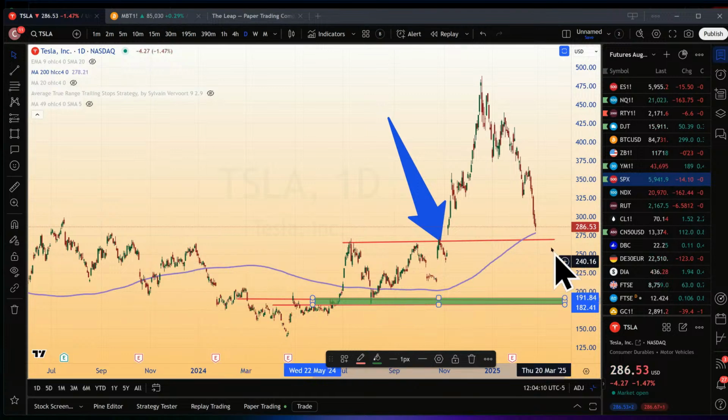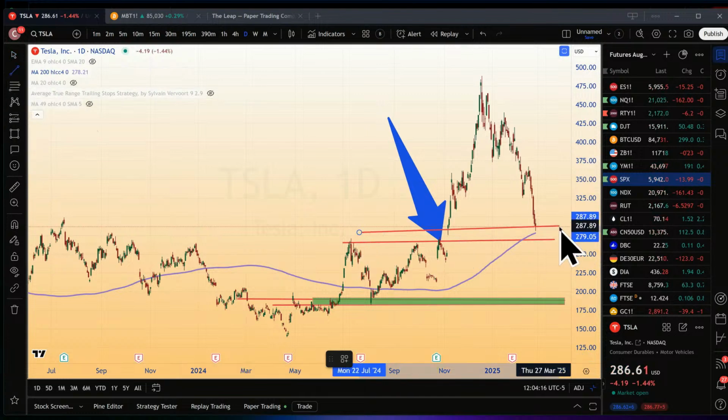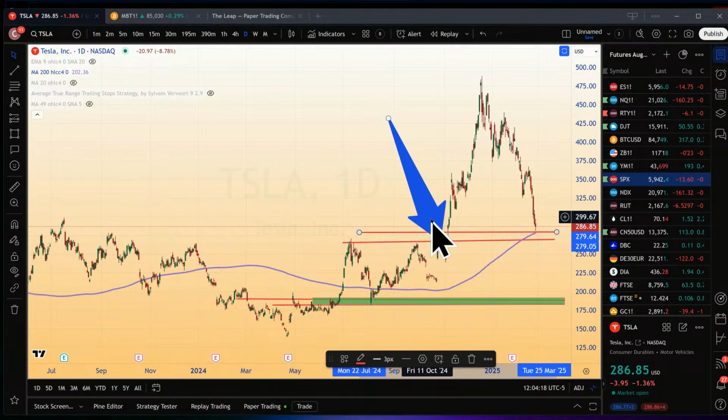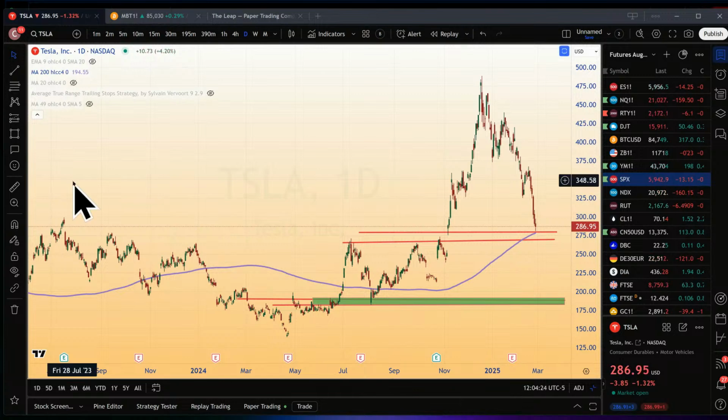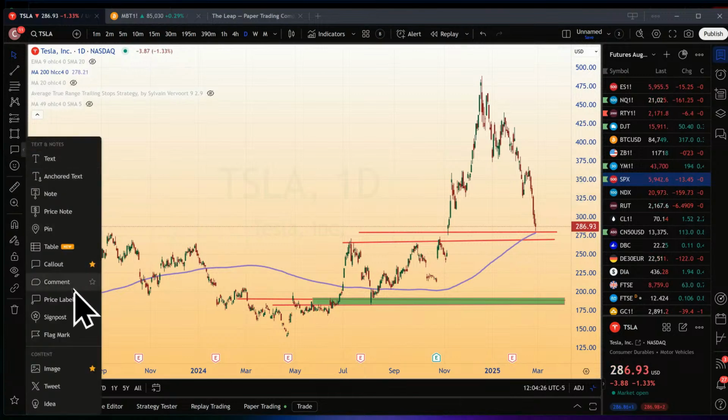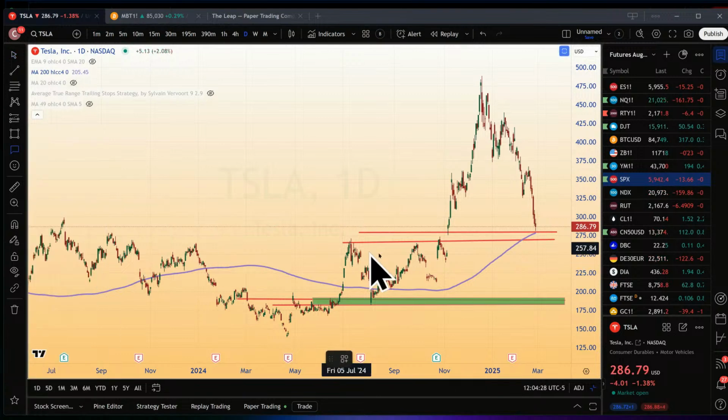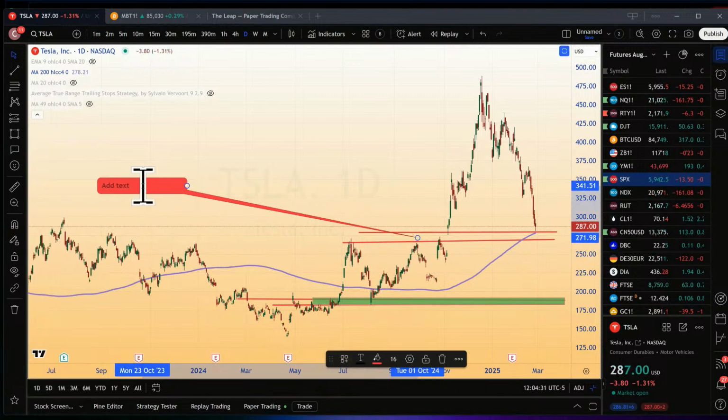Back here. I'm not talking about now. I'm talking about back then. How about now? Here is your support zone. Support zone.